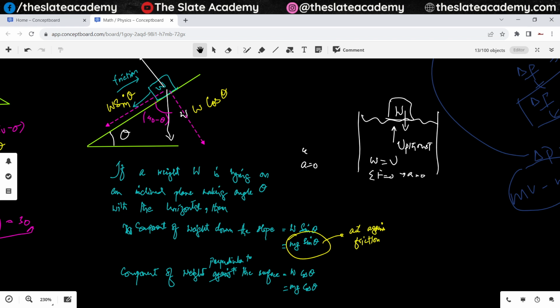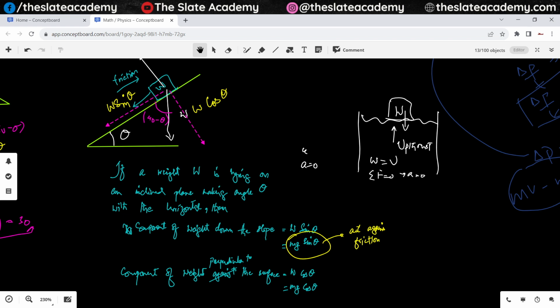That is why it is not accelerating. There is constant velocity. So that would mean friction is equal to mg sin theta, because otherwise the object would have accelerated if there were no friction. If it is moving down the slope with constant velocity, it means forces on the slope are balanced, and that would mean the component of weight down the slope is equal to friction.